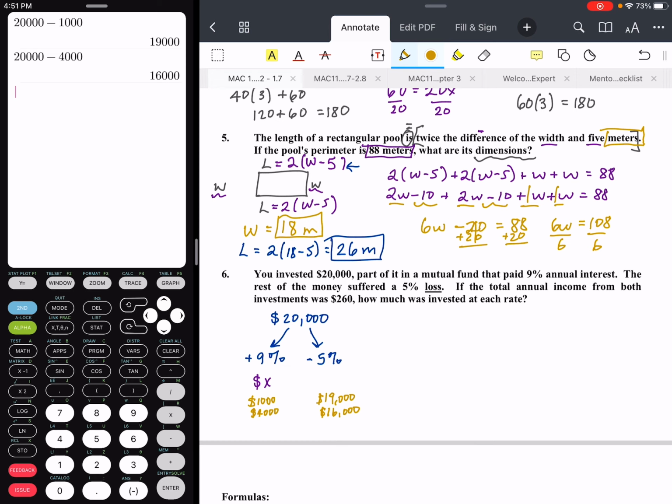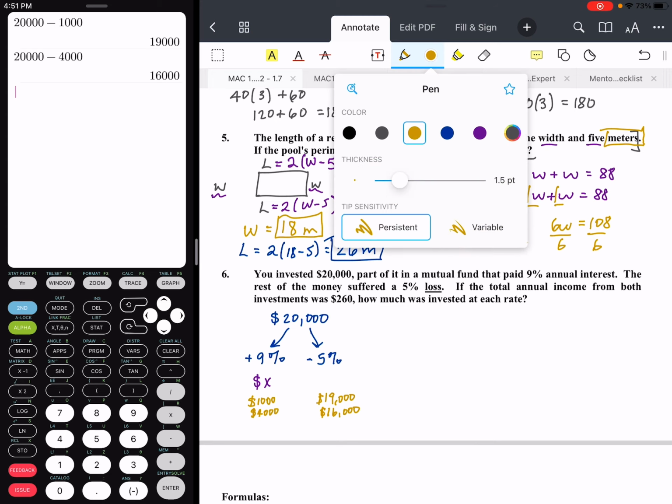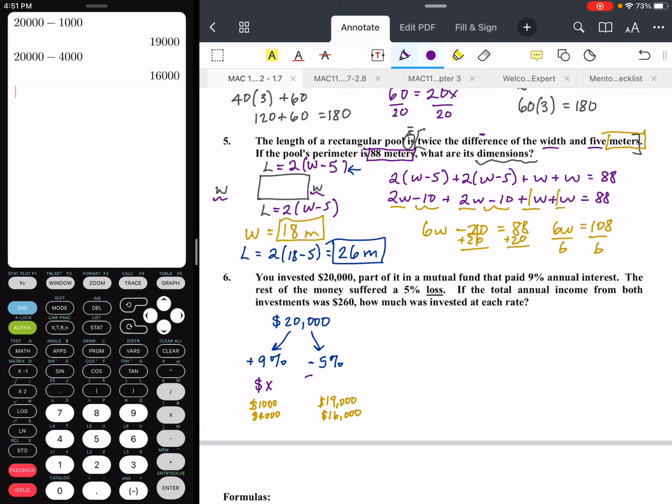So no matter what X is, if I take 20,000 and subtract X, that will give me my leftover dollar amount that I have to invest, right? So I can write this second amount as 20,000 minus X. No matter what I put into that first account, if I take 20,000 and subtract that X away, that gives me my remaining amount.